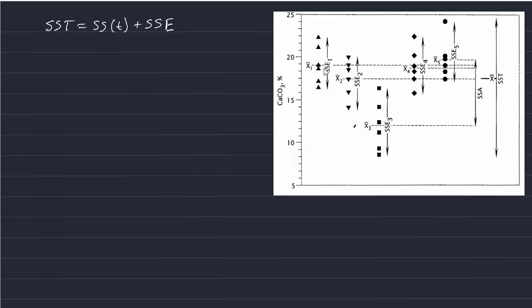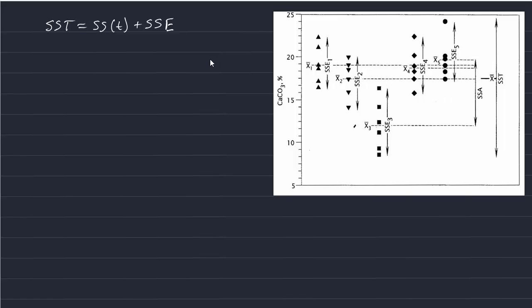Again, there are 5 samples shown in these clusters here, and the SSE, the sum of square variance within each sample, describes the spread of the data within each sample.